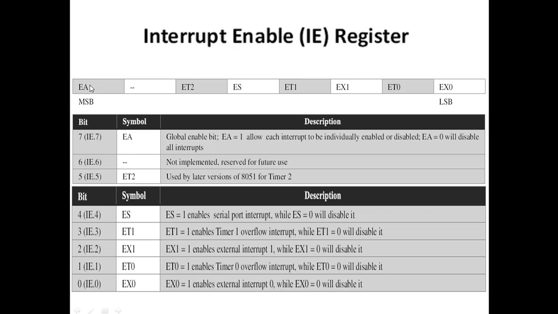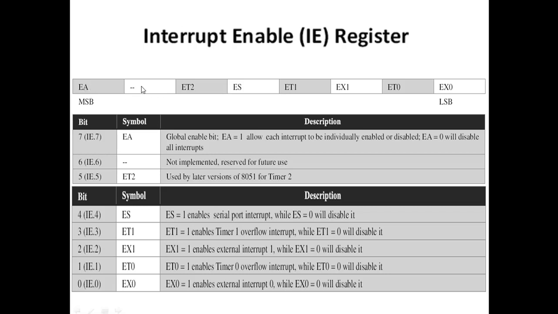Getting my point? If this bit is 0, interrupts make no sense, all interrupts are disabled. But if you want the functionality of interrupts, you first have to enable the EA bit, and after that, whichever interrupt you want enabled, you make the corresponding bit 1, and if you want it disabled, make that corresponding bit 0, right?